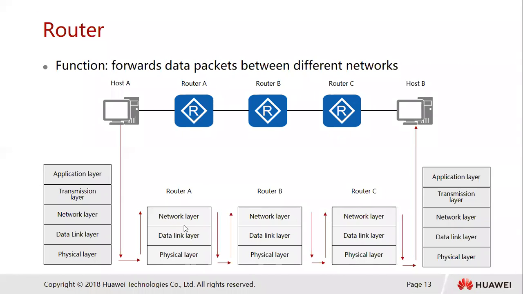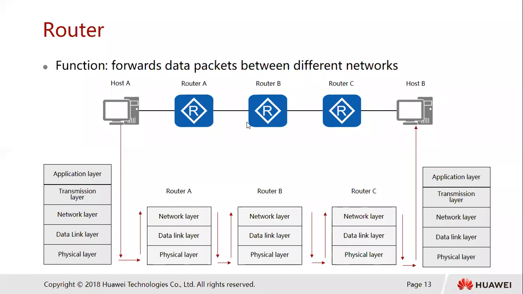Here we have to check for the MAC addresses, the destination MAC address and the source MAC address. And then we'll move on to the network layer, where the network header or the IP header will be opened to check for the destination IP address.